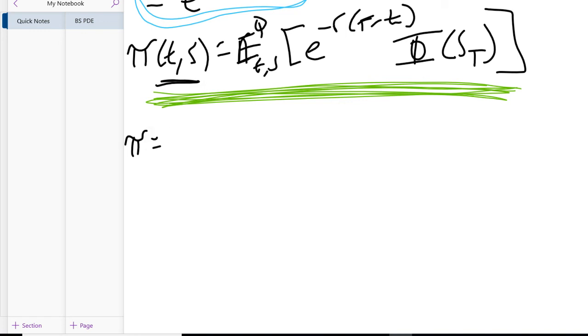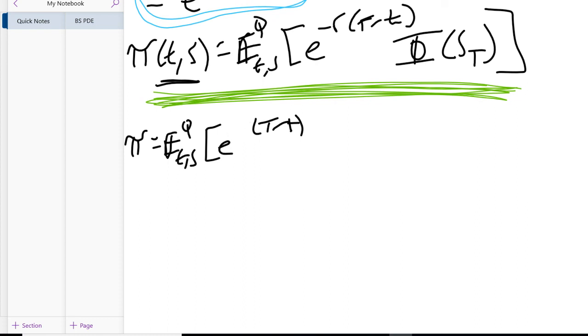So pi, I'm going to drop the (t, s) to save room, equals the expectation of e^(-r(T-t)), and then I'm going to write in the payoff function.